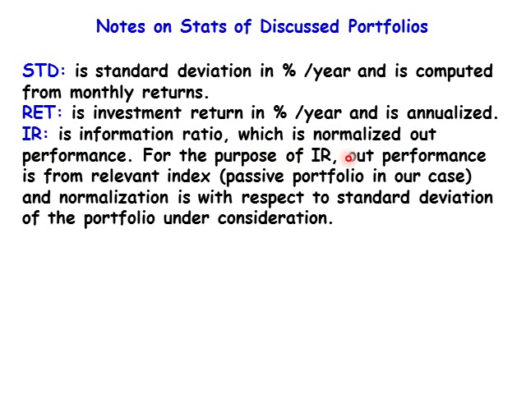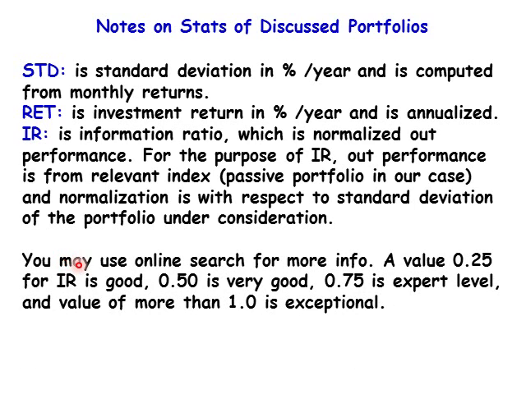For the purpose of IR, outperformance is from the relevant index, which would be the passive portfolio in our case. And normalization is with respect to the standard deviation of the portfolio under consideration. So this is the IR. And you may use online search for more information.